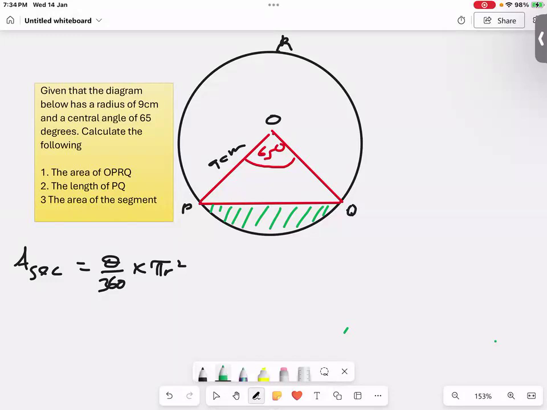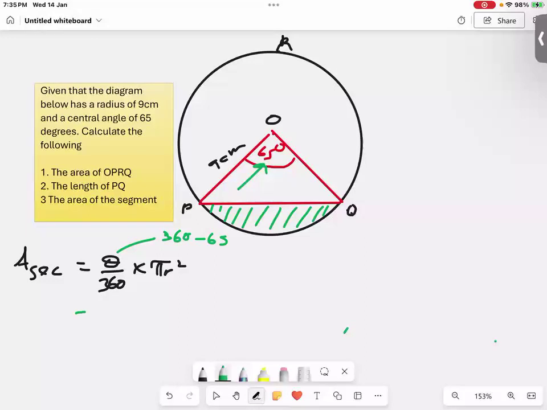Now, this angle right here is a very small angle, 65. So that means we can't use that 65 because we're finding the major. We've established that OPRQ is the major. So therefore, to find this theta is going to be equal to 360 minus 65.